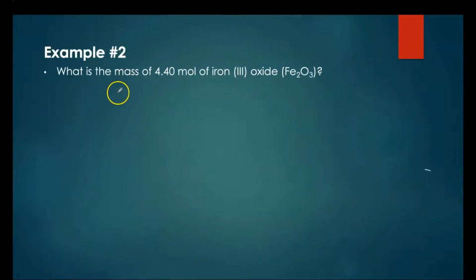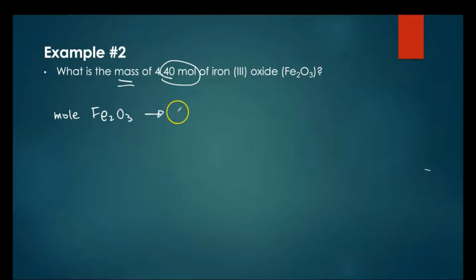Example number 2. We have to convert the mole to mass. This time we are converting the mole of iron(III) oxide to the mass of iron(III) oxide.